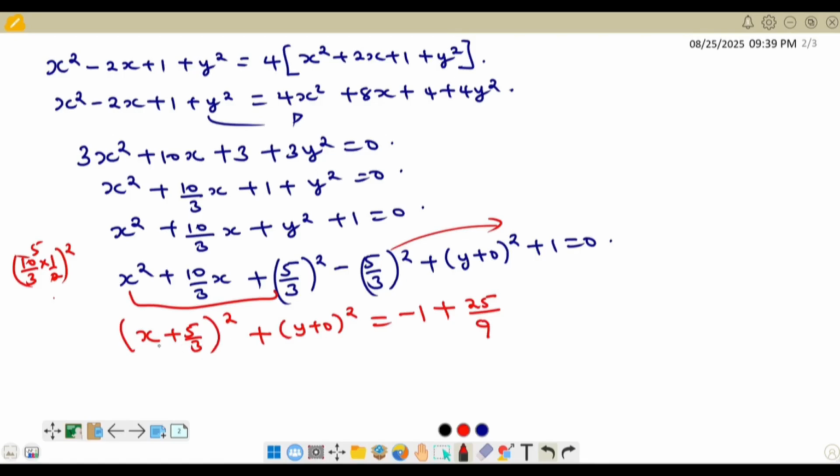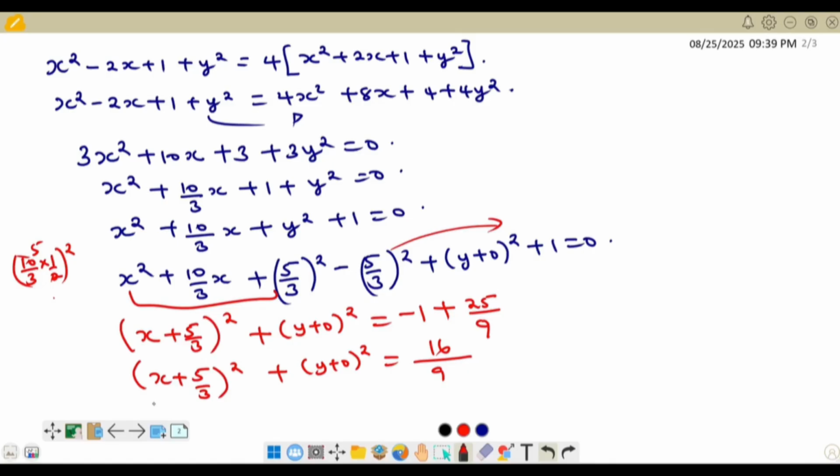So from here, we realize that this is x plus 5 over 3 squared, then plus y plus 0 squared, which is equal to, get the LCM is 9. So you will get negative 9 plus 25, which is actually 16.